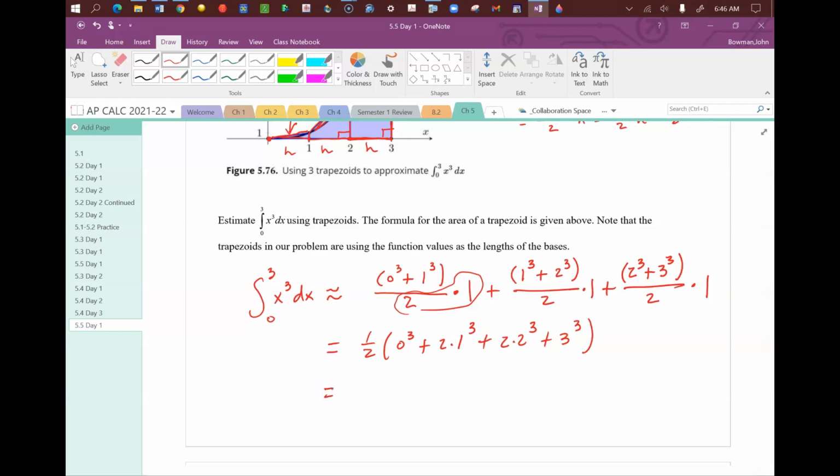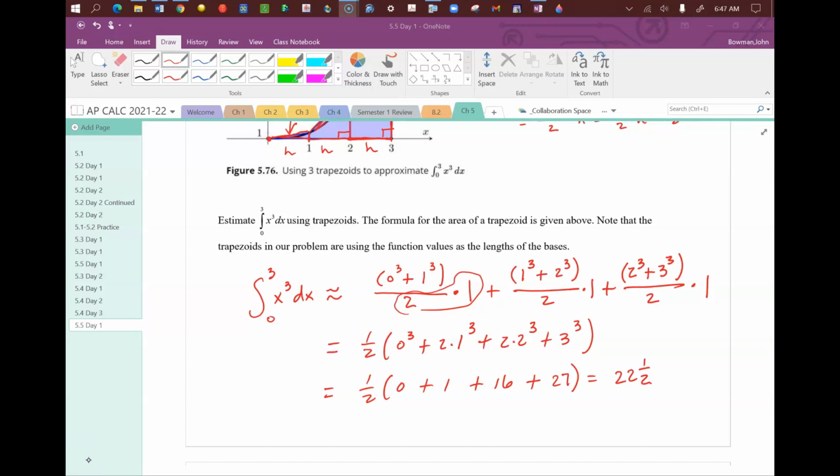And we have 1/2 times 0 plus 2 plus 16 plus 27. And if you simplify that, you get 22 and 1/2. So there's an example of how to use the trapezoid rule to estimate an integral.